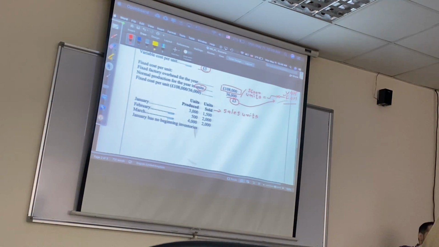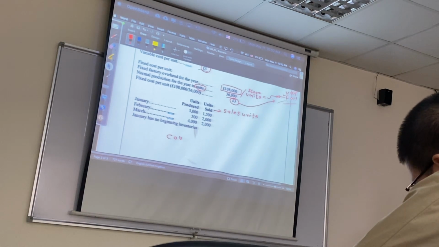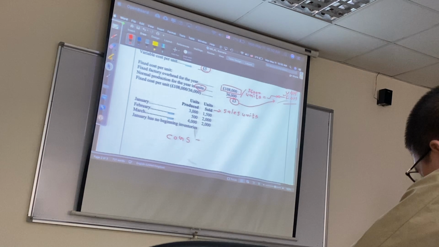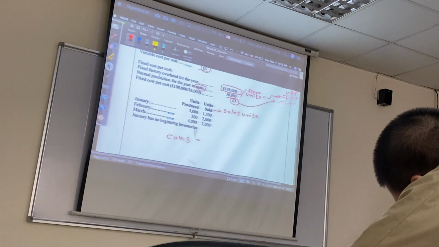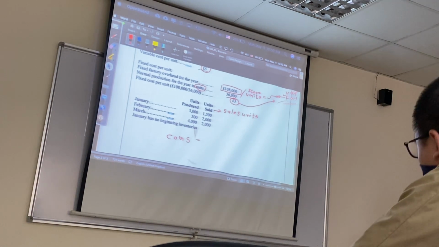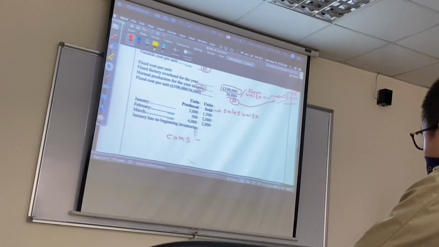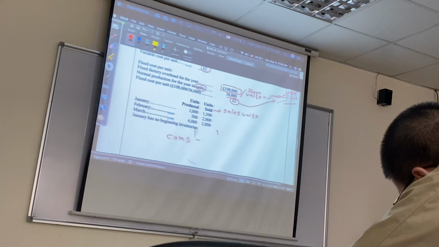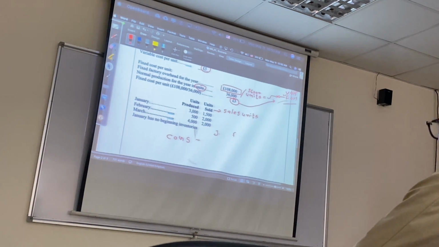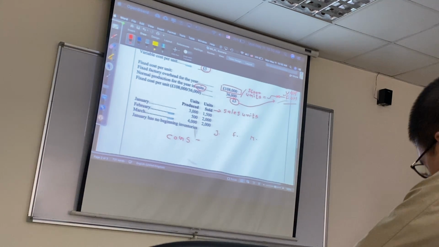So remember, when you calculate cost of goods sold, you have to calculate for 3 months, January, February, and March. So you're going to calculate for January, for February, and for March.